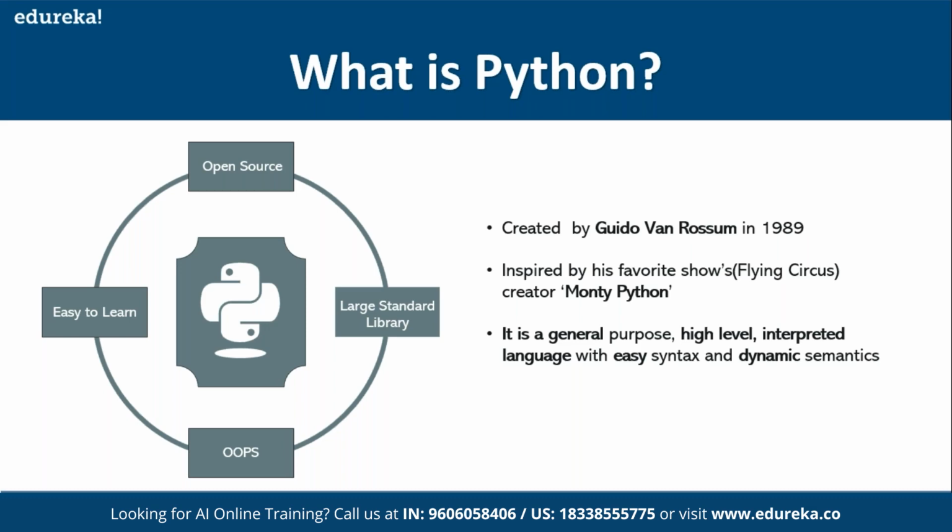The last but not the least, it has a large inventory of functions which are grouped as libraries. So what is a function? A function is a small piece of code which can address a small issue. There are more than 15,000 functions available in Python, making it one of the programming languages with the highest inventory of libraries.